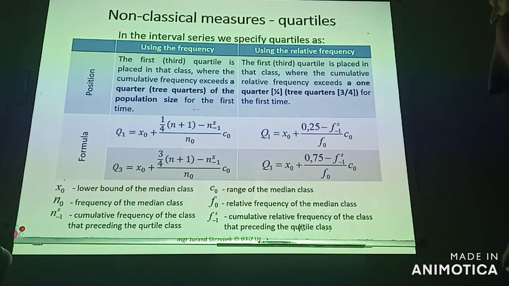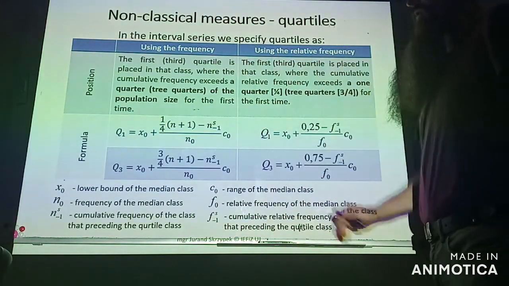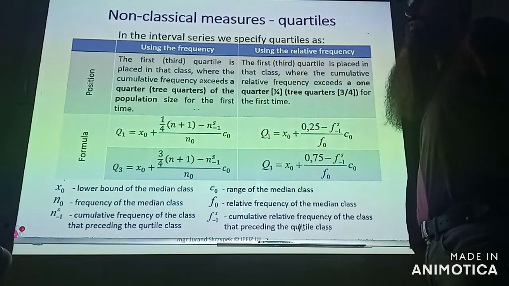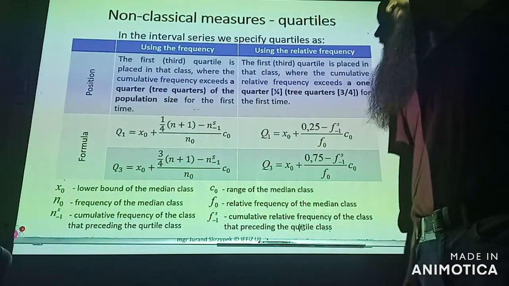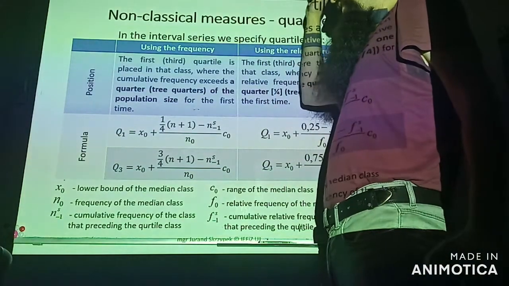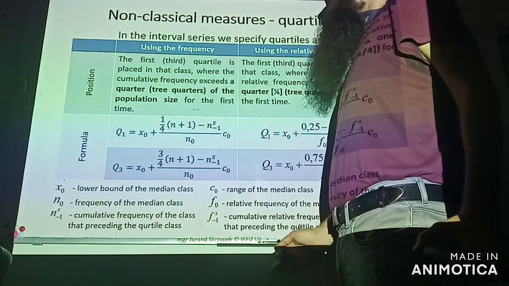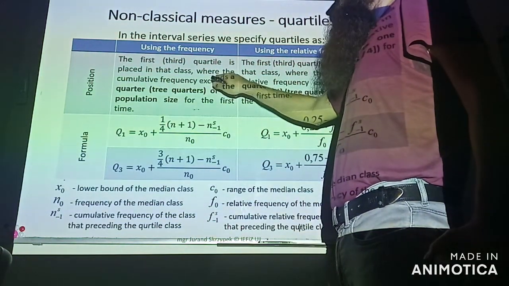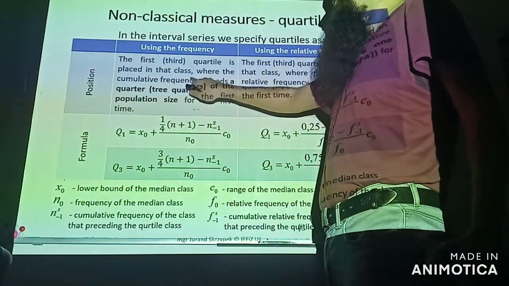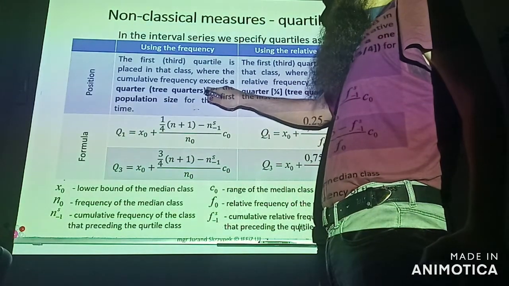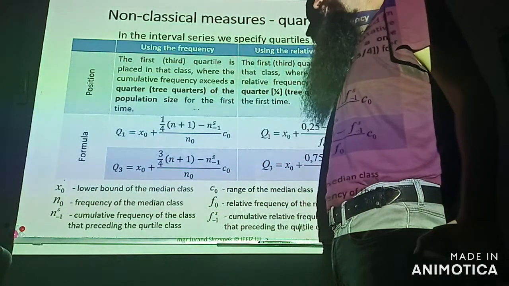The process of finding the first and the third quartile in the interval series is very similar to the previous one. If we talk about the first quartile and the frequencies, the first quartile is placed in that class where the cumulative frequency exceeds a quarter of the population size.